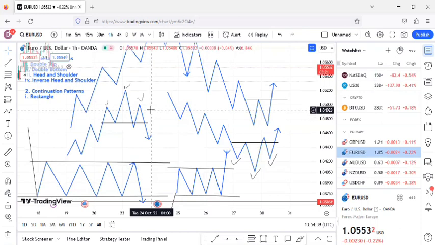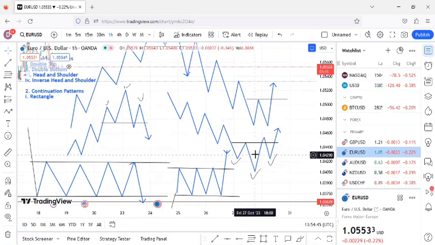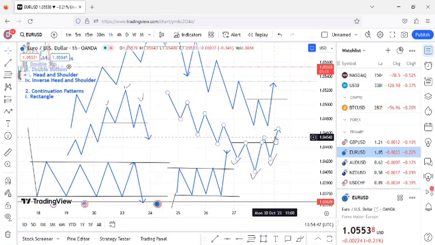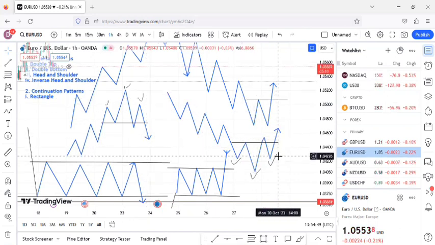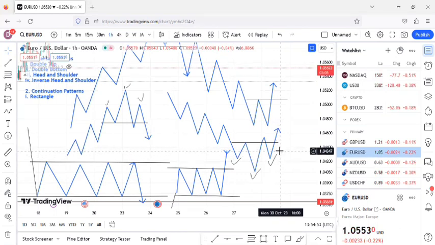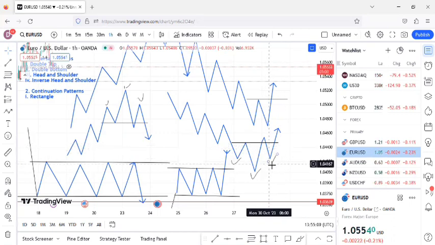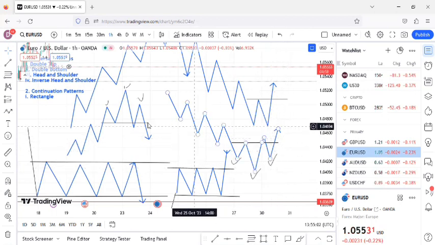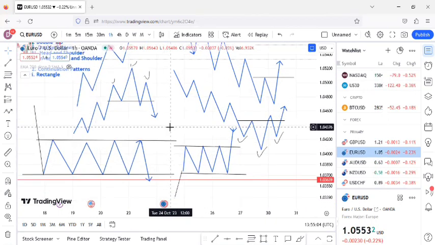The moment it retraces and you see a bearish momentum candle, you enter, you place your stop loss here. The same thing here. After a break, allow it to retrace back. Then after you see a bullish momentum candle, you enter your buy and place your stop loss here. So with that, you are able to reduce your risk.